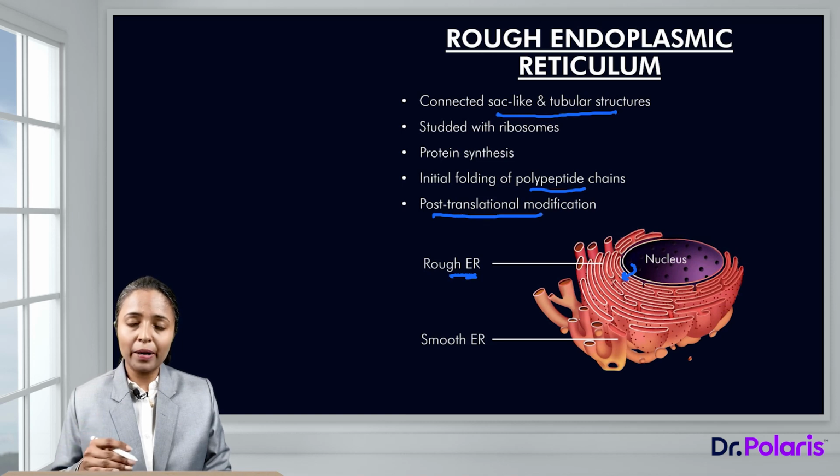So understanding the path: mRNA is coming out, protein is being synthesized by ribosomes, and then the protein chain which is forming is folded in the rough endoplasmic reticulum, and post-translational modification of the protein also goes on there.